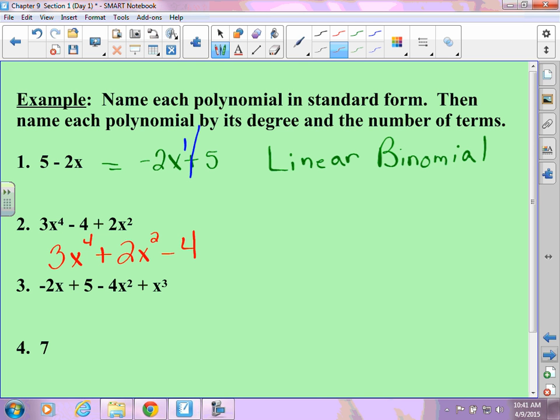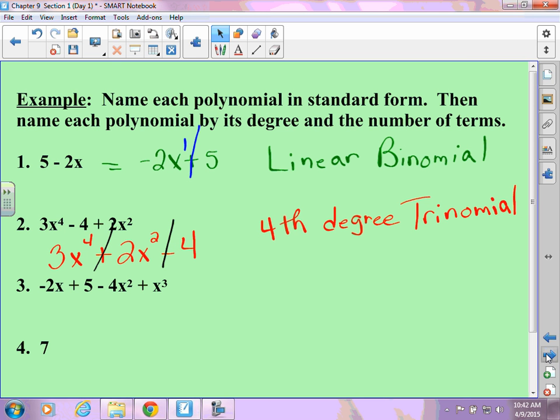How many terms? There are 3, so I call it a trinomial. Yep, and if you want to, you can cut it. There you go. So the first term is 3x to the 4th, second term is 2x squared, and the third term is -4.